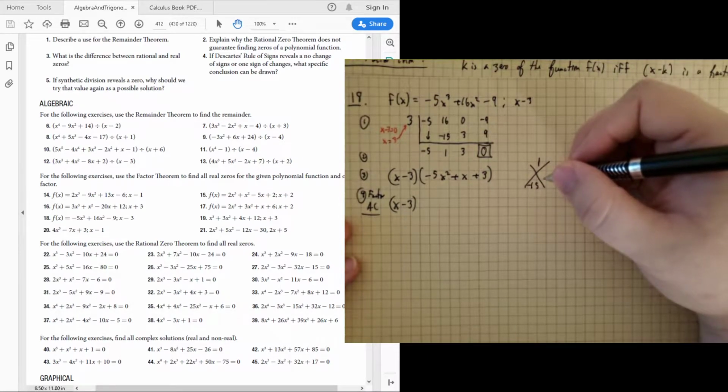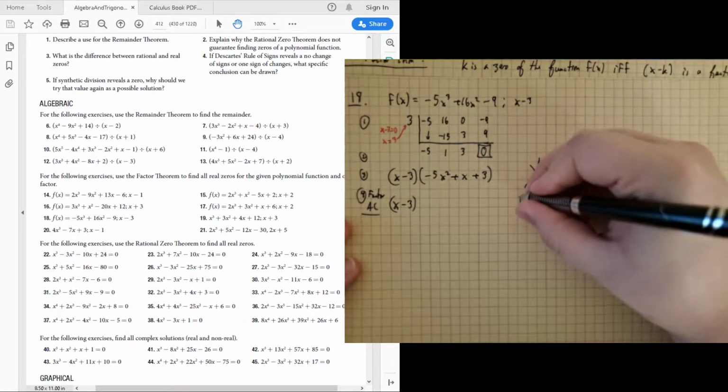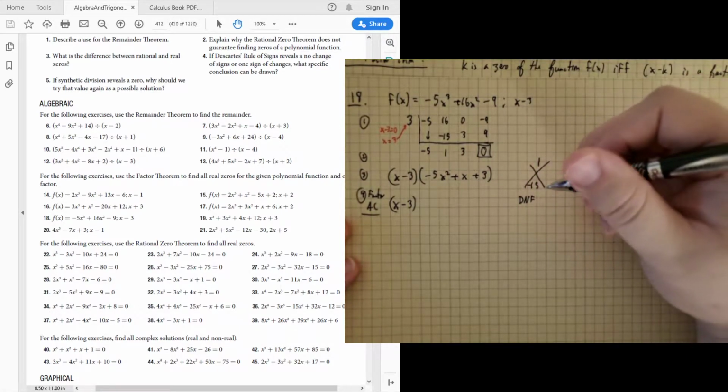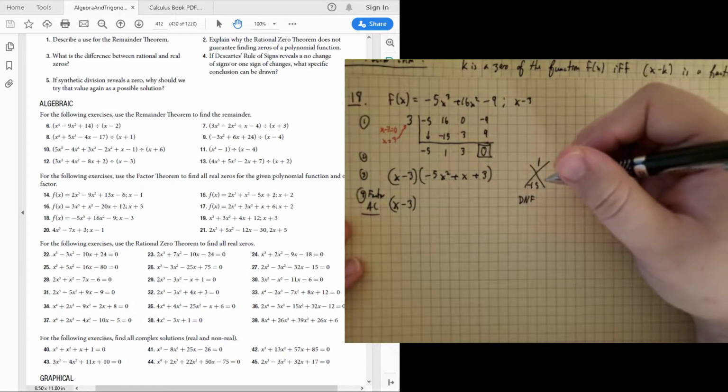Yeah, this does not factor. And so if it doesn't factor, I would assume we need to leave it right here.